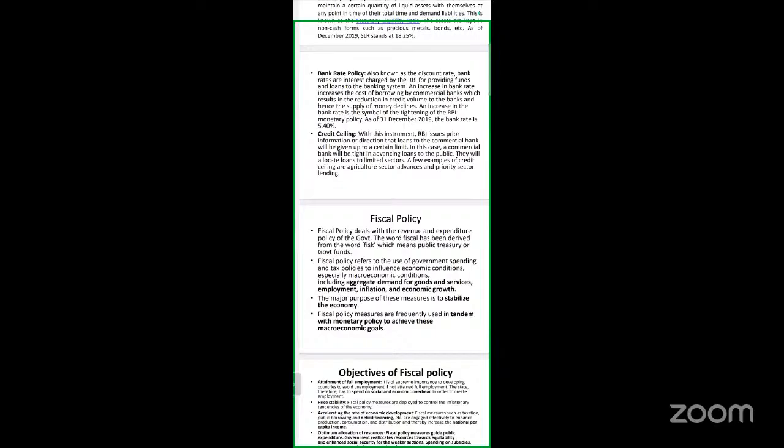So seeing all this particular scenario, what the bank has to take is a very strong step.